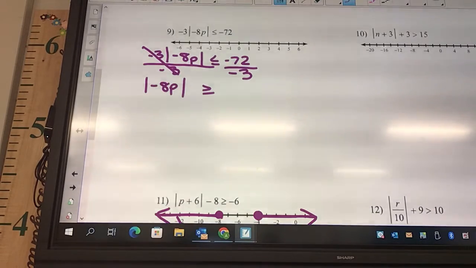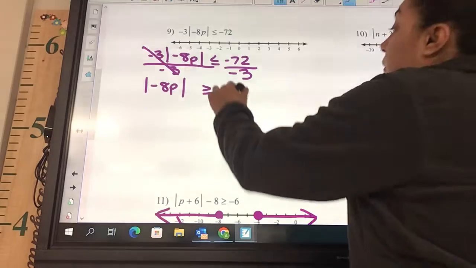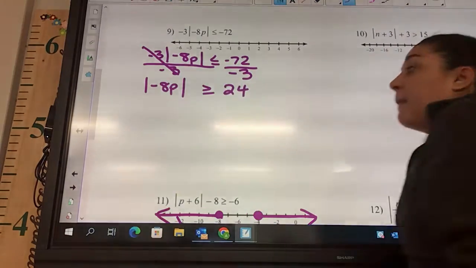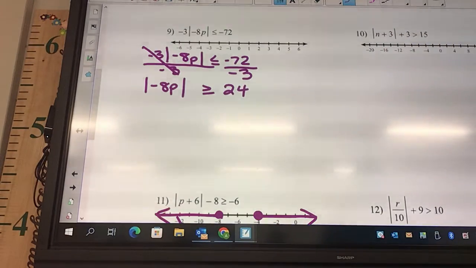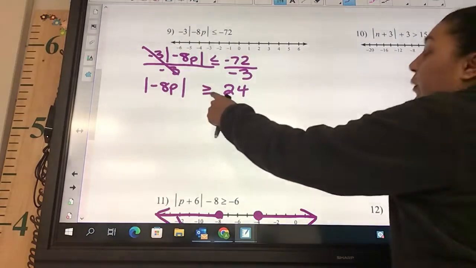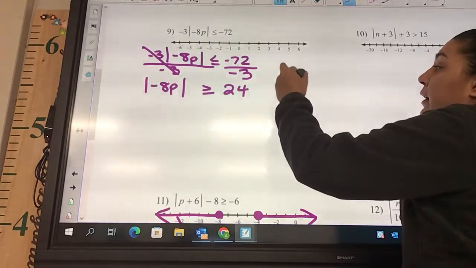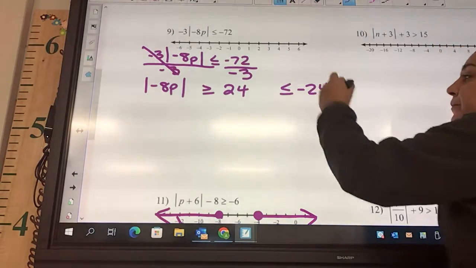I have no idea. 24. 24? Okay. So now, are the bars all by themselves? Yeah, so now we can flip the sign and make it a negative.